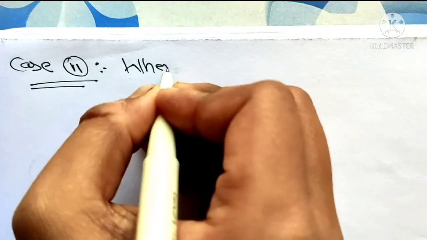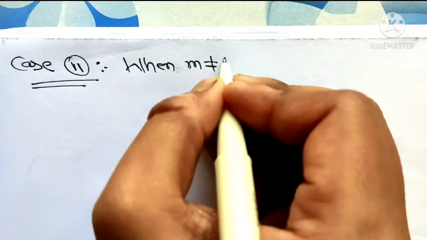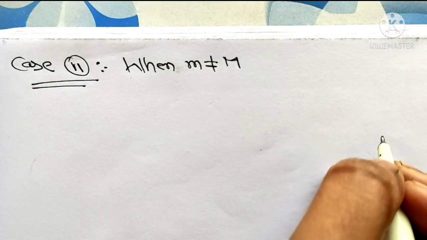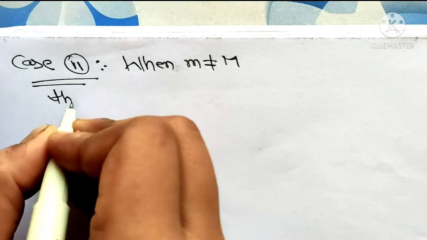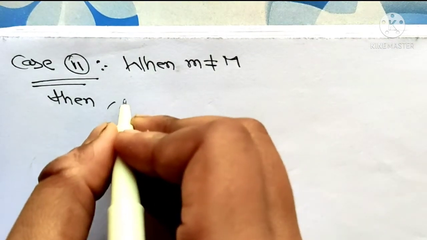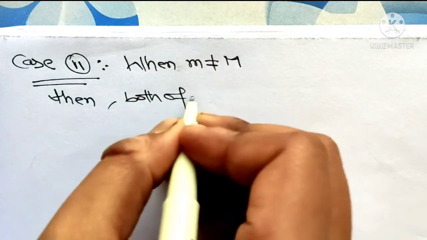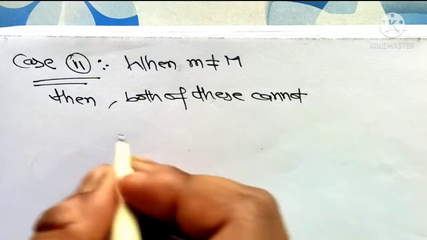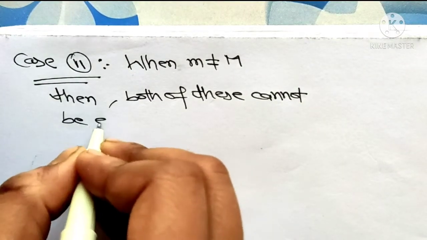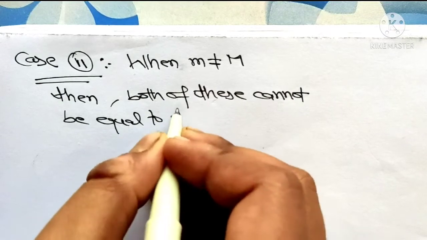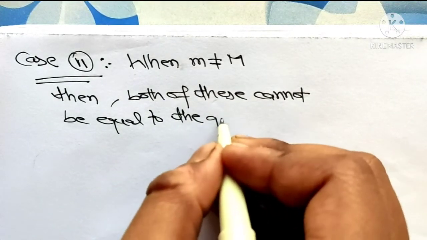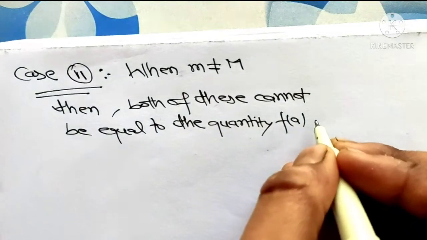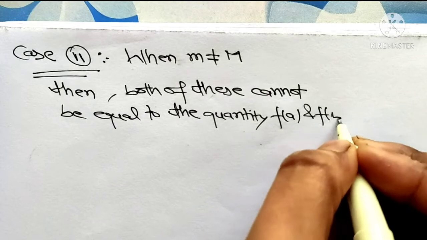When small m is not equal to capital M, or you can say infimum is not equal to supremum, then both of these cannot be equal to the quantity f of a and f of b.